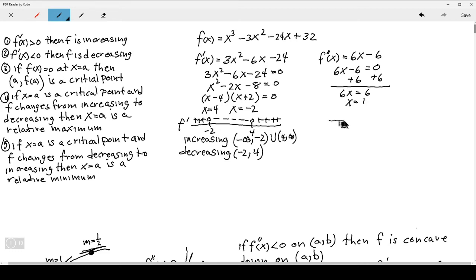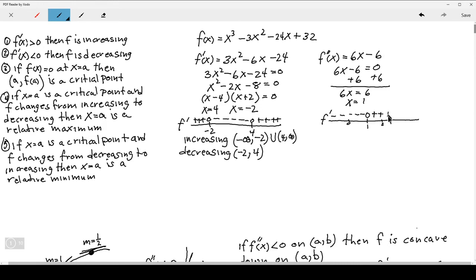So I'm going to do the same thing I did for the first derivative. I'm going to make this little sign diagram here. I've got 1 in the middle. Second derivative is 0 there. And I'm going to go back now and check. If I pick a point over here, say I pick 0, 6 times 0 is 0, minus 6 is minus 6, which means it's minus. So it's minus on that whole side. If I pick a point on this side, let's say 2, and I plug it in, 6 times 2 is 12, minus 6 is 6, so that's positive.